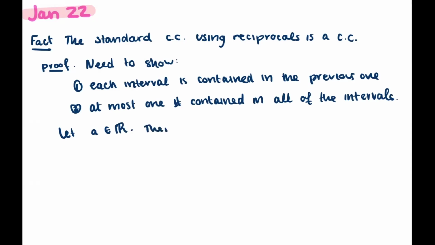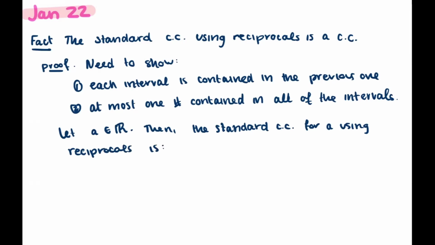Then the standard collapsing collection for a using reciprocals is the following. We start with a and subtract 1 for the left endpoint of the first interval, and for the right endpoint we have a plus 1.